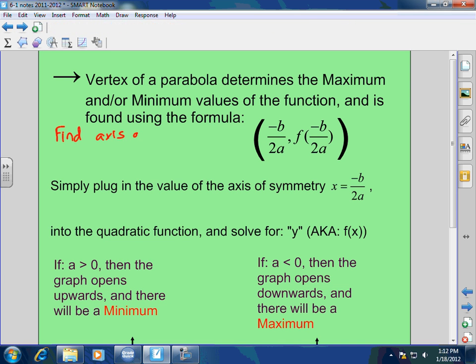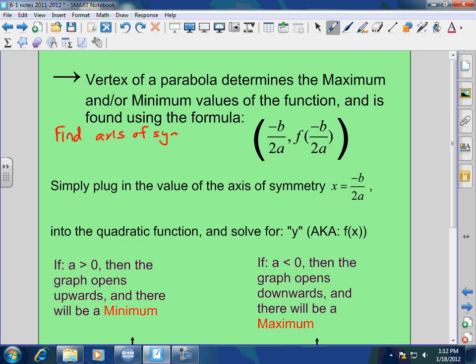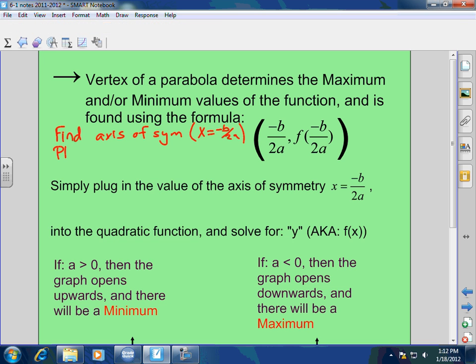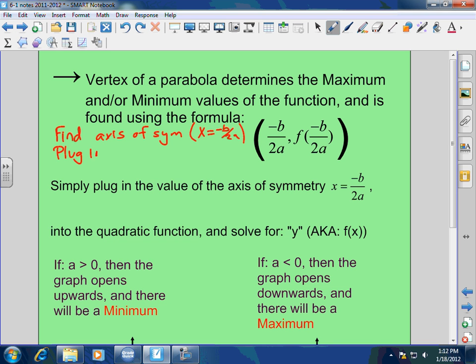So find the axis of symmetry, which is x equals negative b over 2a. Then plug the axis of symmetry into the function to find the y value.